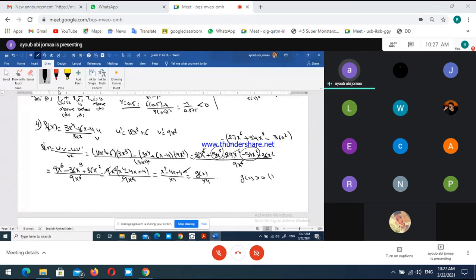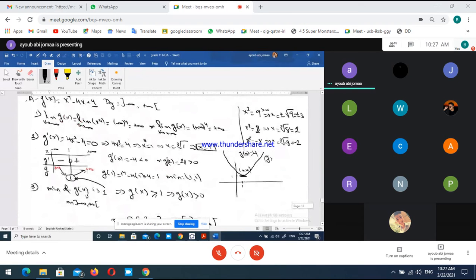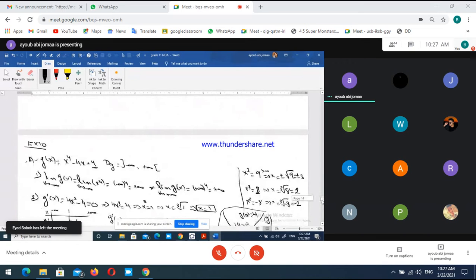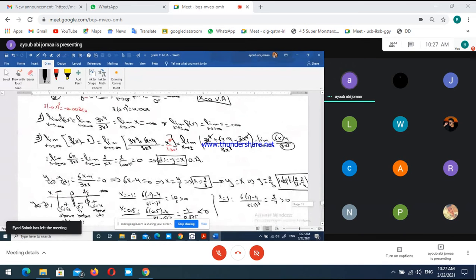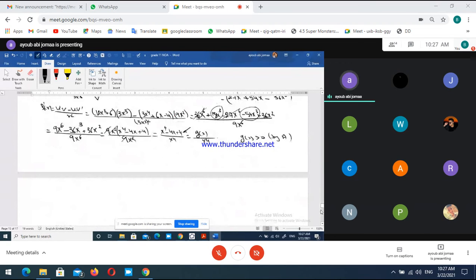We proved that g of x is greater than 0 for all values of x. And x power 4 is greater than 0, and we have an even exponent. So the numerator is positive, the denominator is positive, then the whole ratio is positive.